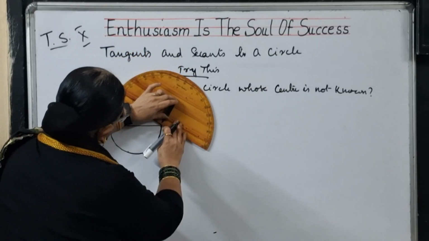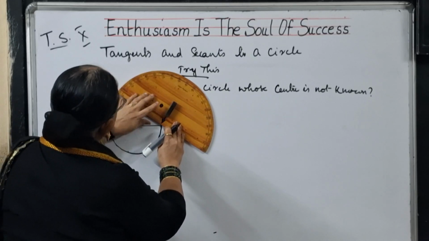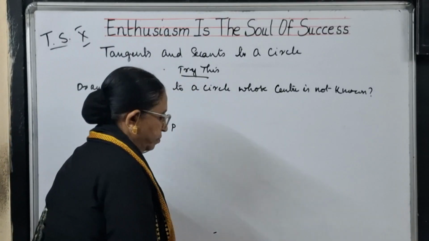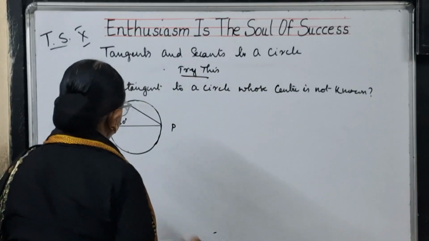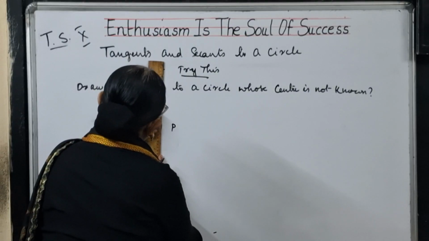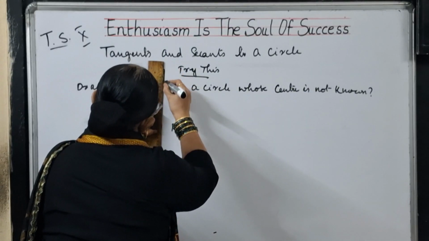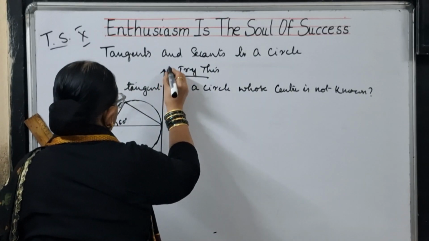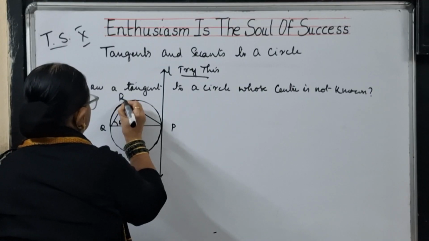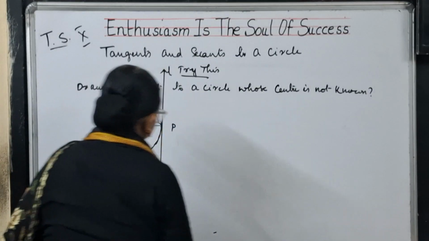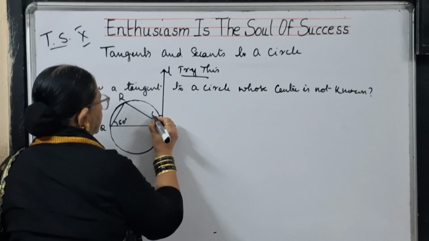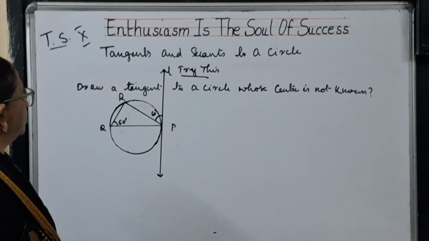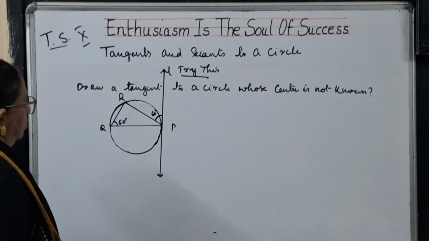Like this you have to keep your protractor, and I am getting 60 degrees here. If you use the instruments, you will get it exactly, children. Now you have to join and draw like this. Then definitely it will be a tangent, because this angle is 60 degrees, and this is also 60 degrees. So we will say that this is the tangent to the circle.